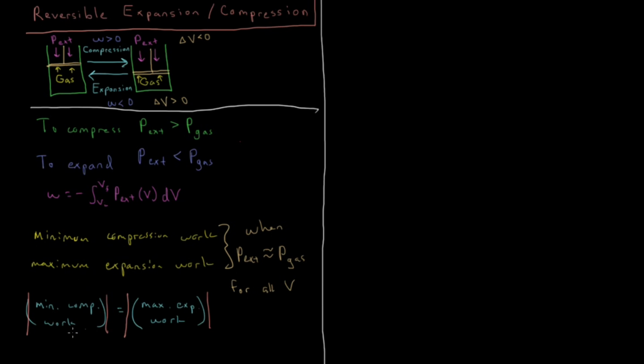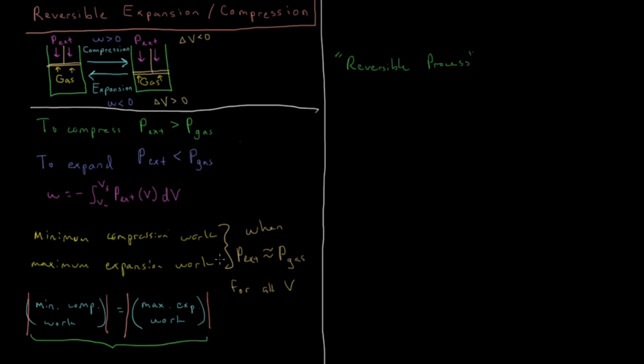Okay, so if we have a situation like this, then this would be referred to as a reversible process. Because essentially we can do this back and forth as many times as we want, and if we end up at the same volume that we started with, then we've done no net work overall.